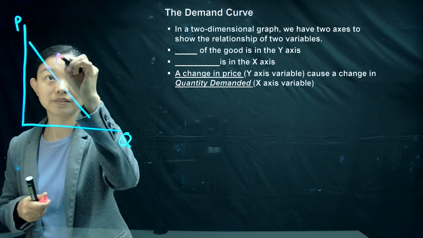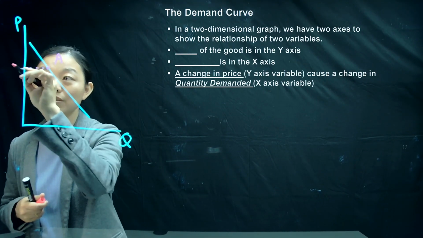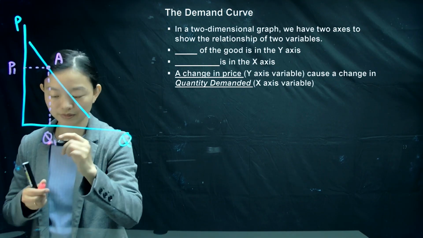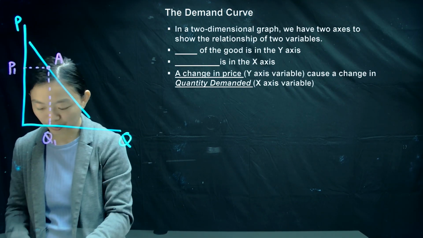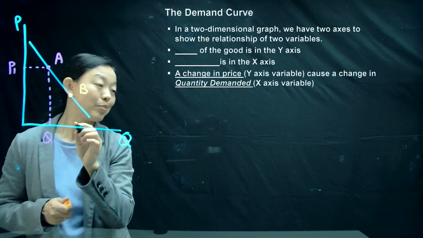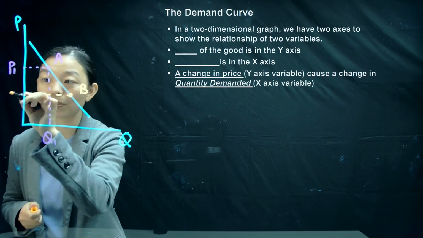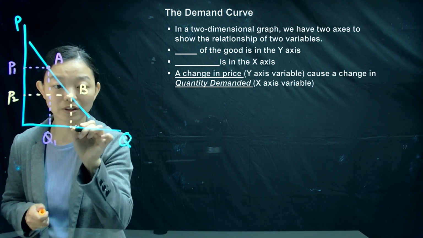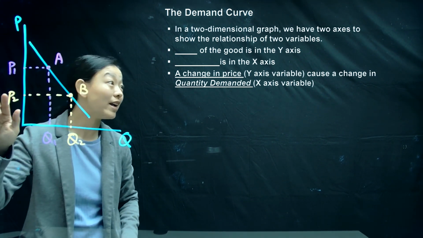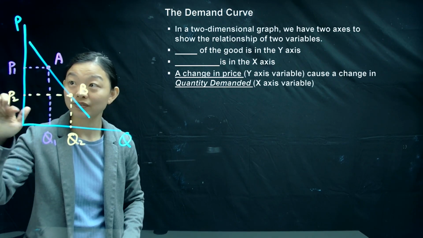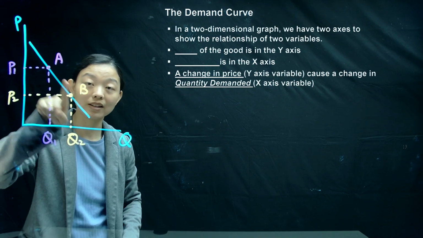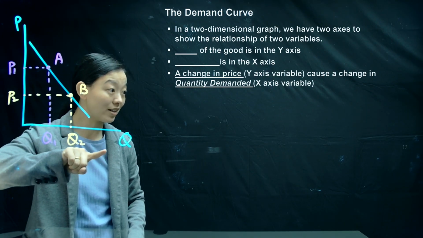At point A, I have the price P1 and quantity demand equal Q1, okay? I have another point, point B. At point B, I have the price equal P2 and quantity demand equal Q2. Then I would like to say if the price of the product changes, it will move along this demand curve, right?